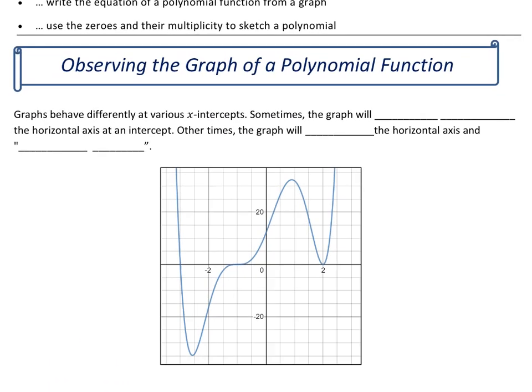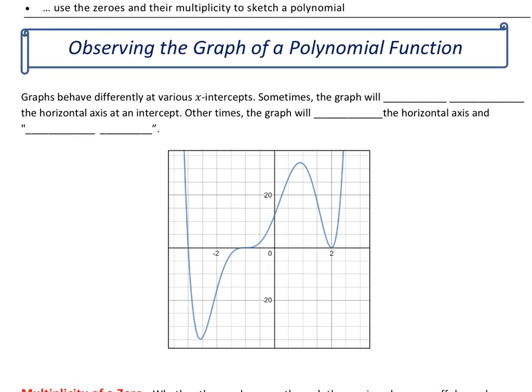Okay, let's get started. We're going to focus specifically on the zeros or x-intercepts. And if you observe this particular graph, you'll notice that sometimes the graph passes straight through the x-intercept, while other times the graph may touch that horizontal axis and just kind of bounce off, kind of like a quadratic.